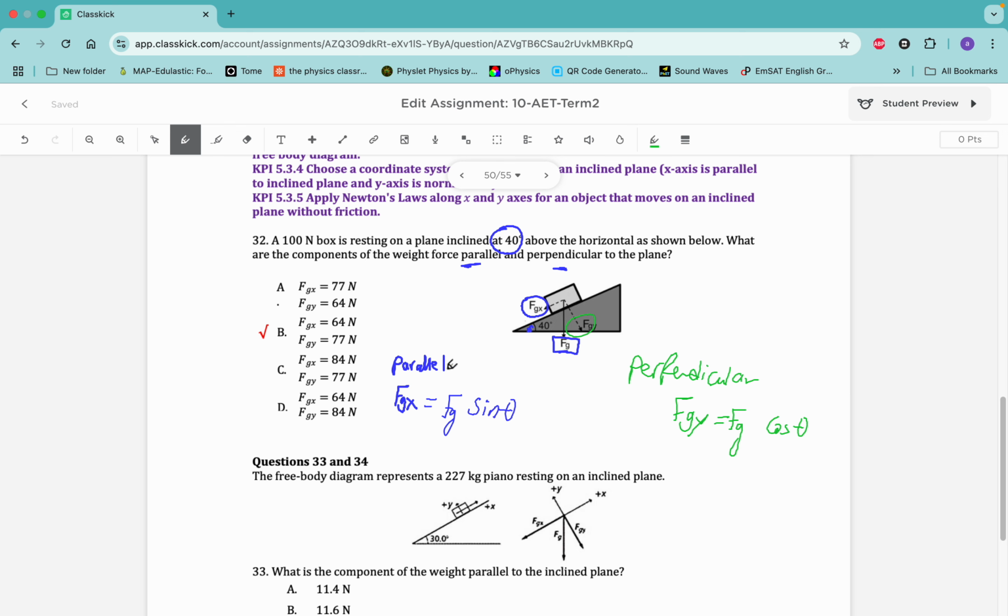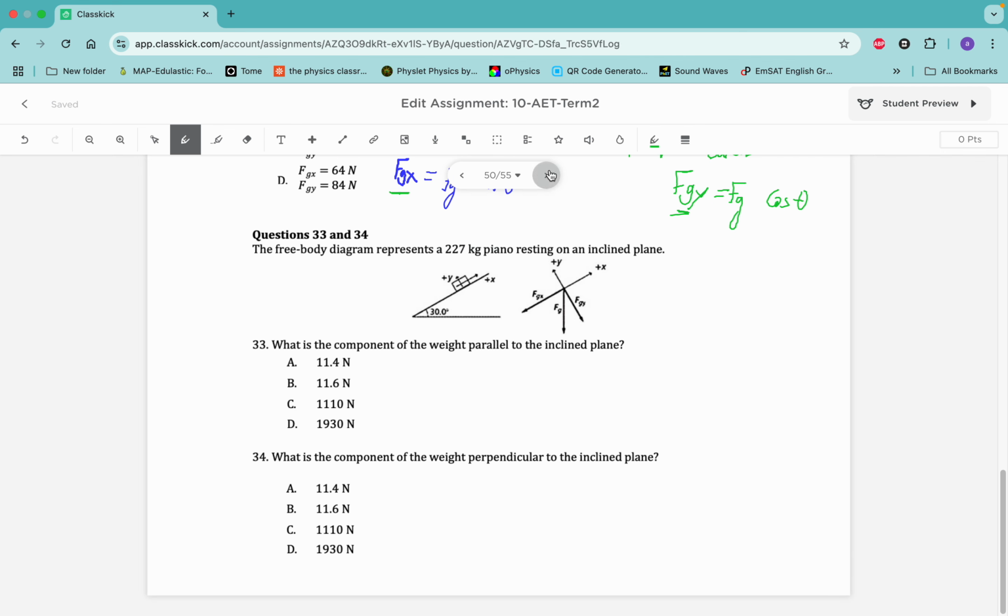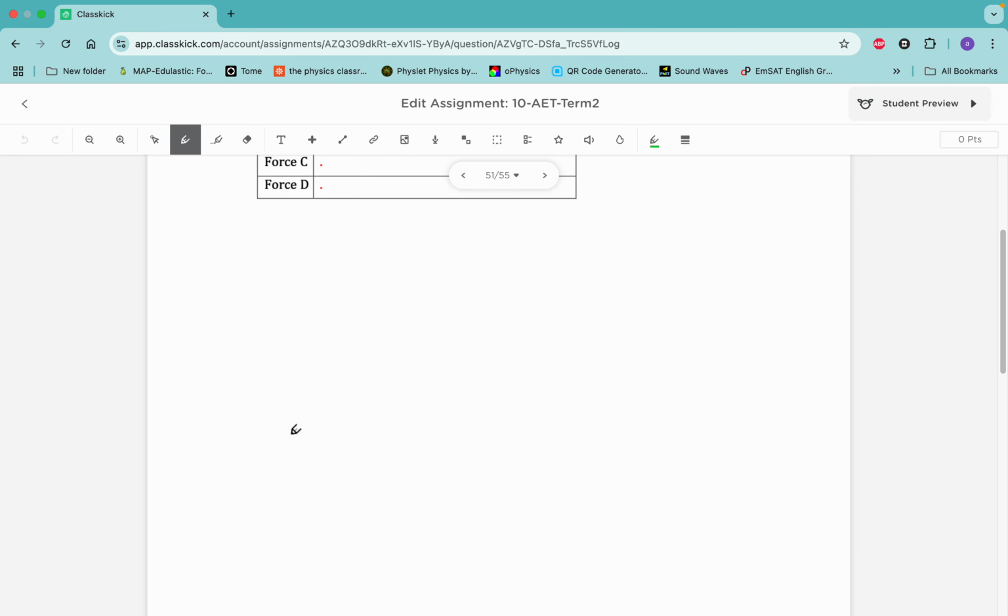In the calculation, the x and y components will be different based on whether the surface is horizontal or inclined. Let me explain it here. If the surface is horizontal, such as in this case, this is the box on a horizontal surface.